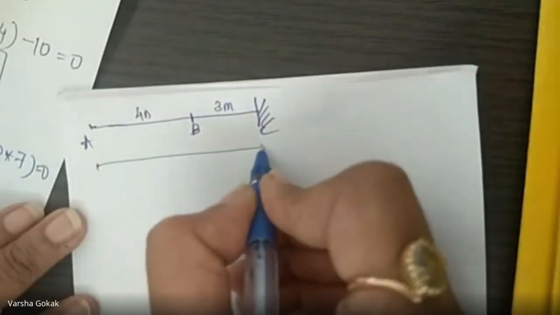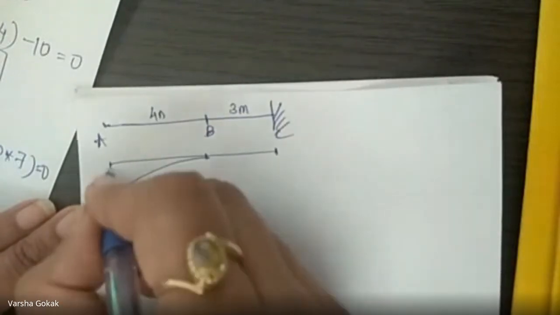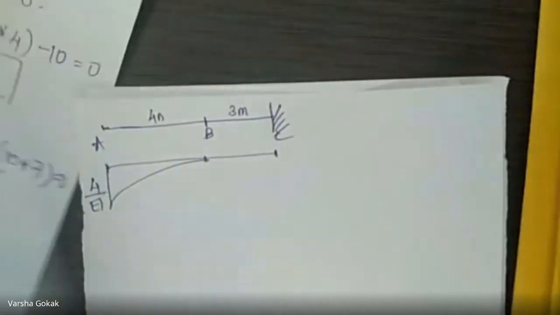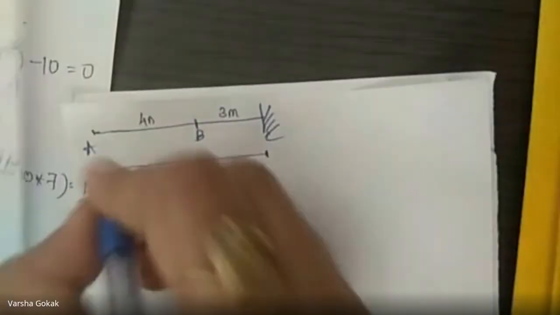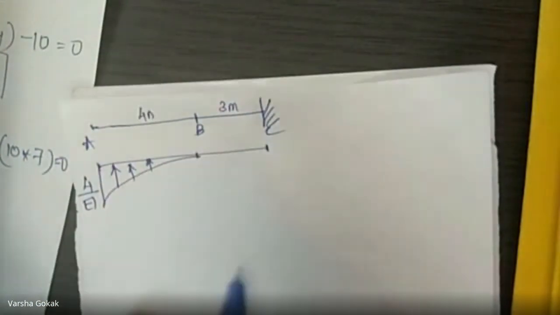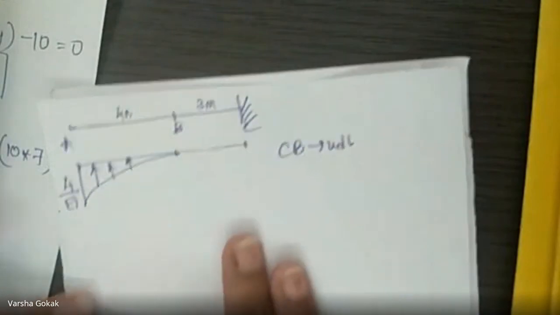So this was 0, this was also 0 in the conjugate beam, and then the value came like this. This value was 4 by EI. This only I'm drawing, and I'll show all arrows upwards. This is the conjugate beam for UDL.